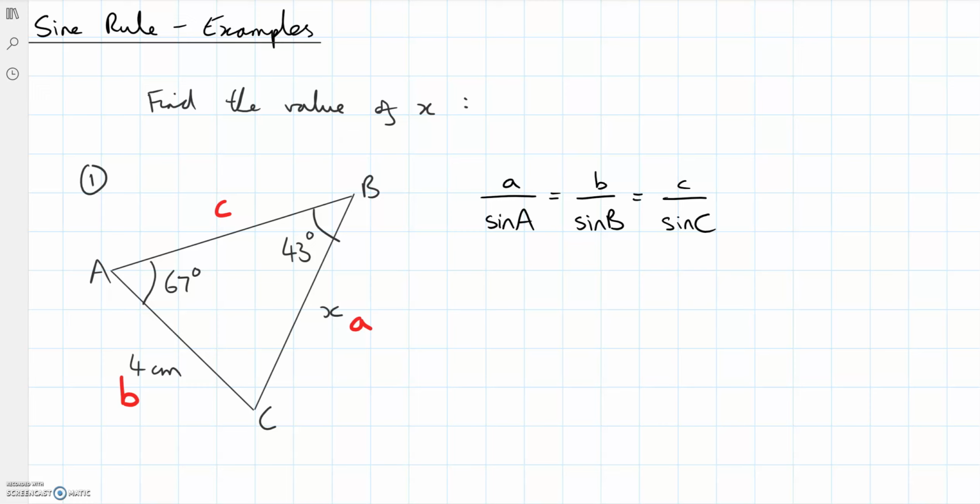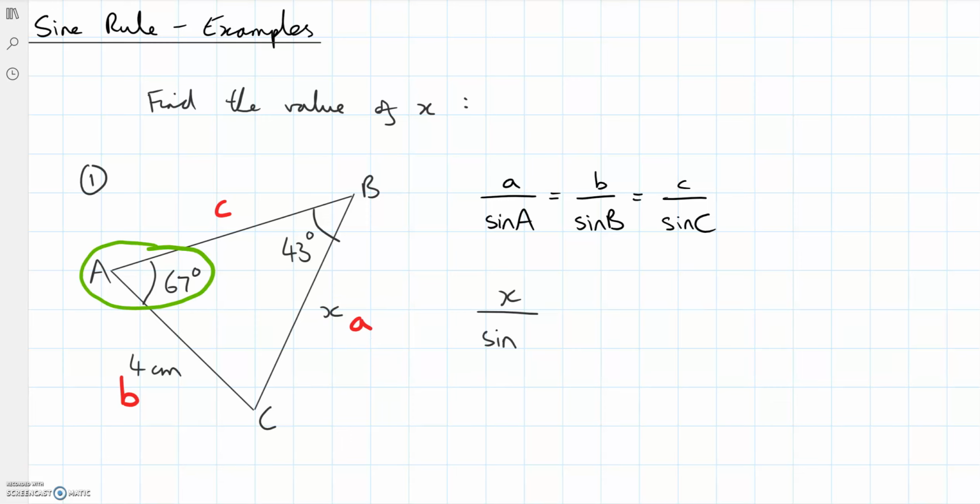So we've got a, which in this case is x. So here's our a, which is x. So in place of a, I can write x over sine of capital A. Remember, capital A represents the value of the angle at A, which is 67.